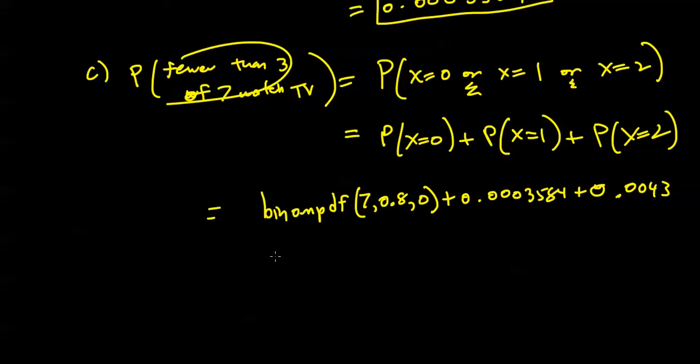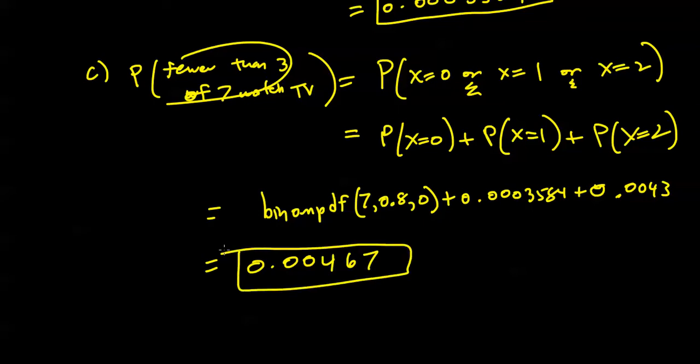And I would punch it right in my calculator just like this, maybe save some time. If I punch this all out, I get 0.00467. I believe that's the book's answer. Yes, it is.